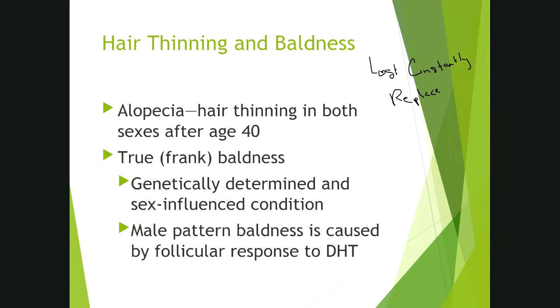But when you hit about age 40, you begin to lose hair faster than you replace it. And so the hair begins to thin out. It's just normal. Both sexes, their hair begins to thin after about age 40.